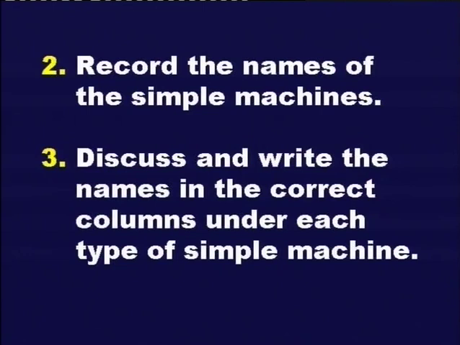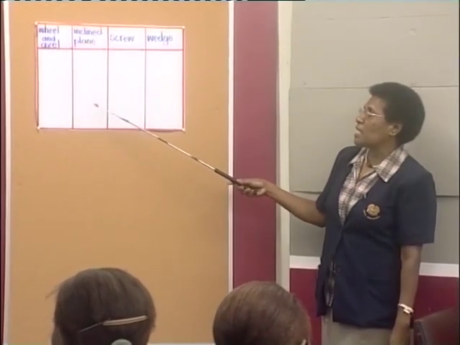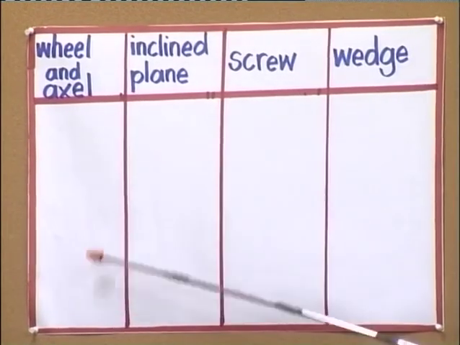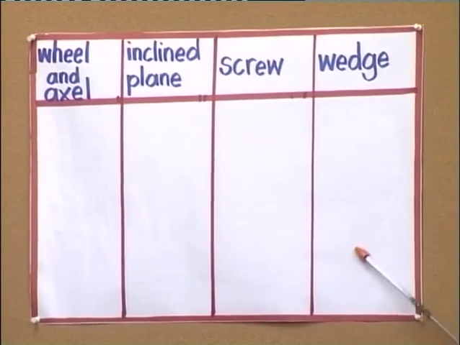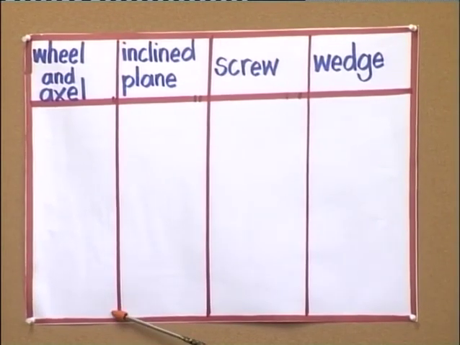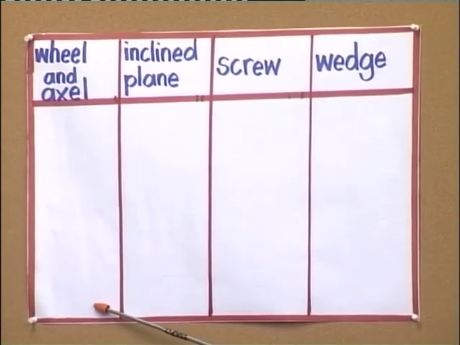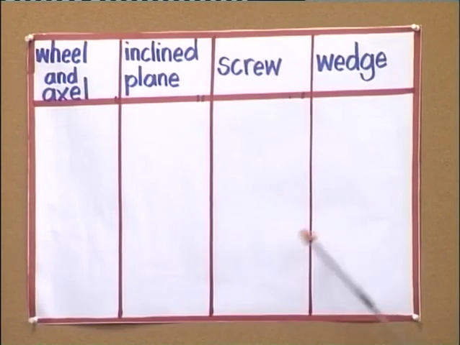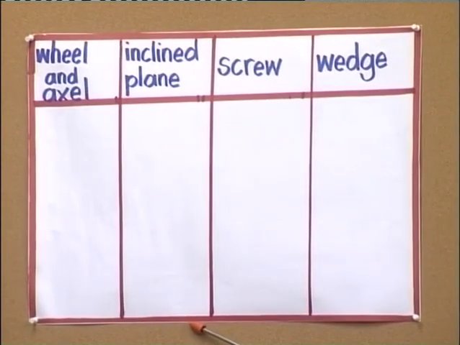Now, we have a table, and the table shows the 4 different simple machines, and they are wheel and axle, inclined planes, screw, and wedge. So the third point is telling you to discuss and write the names of those simple machines where they should go. Which type of simple machine is it? You have to write it in the correct column.